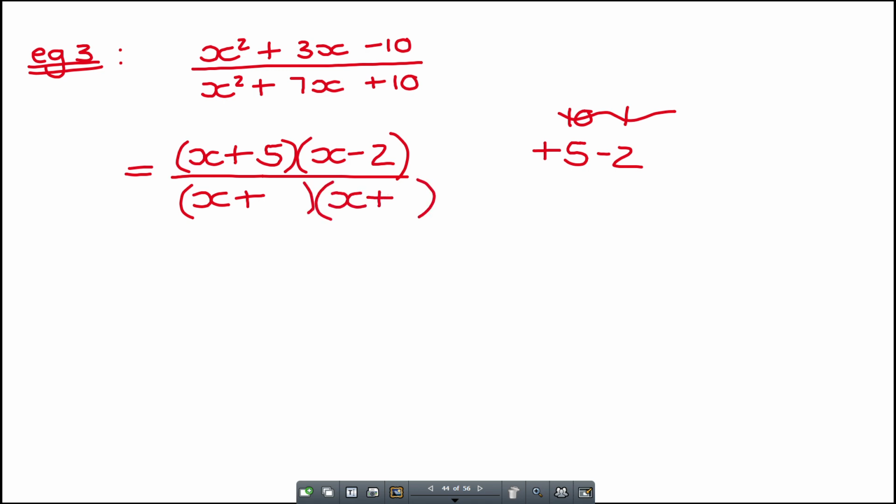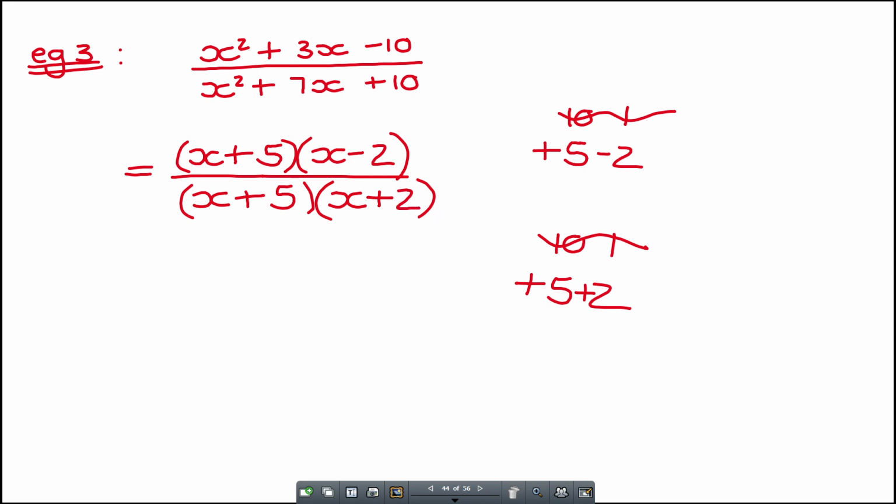Factors of 10, we just said, is 10 times 1 or 5 times 2. I've got to use them to get positive 7. Okay, so plus 5, plus 2.